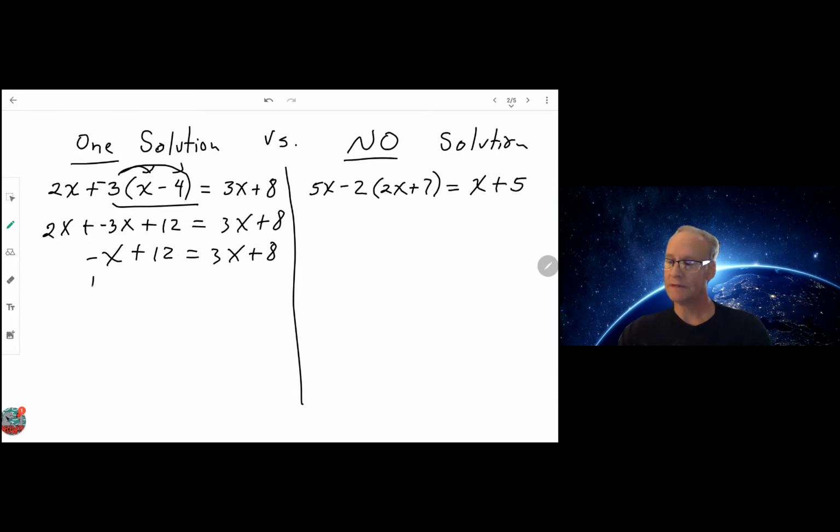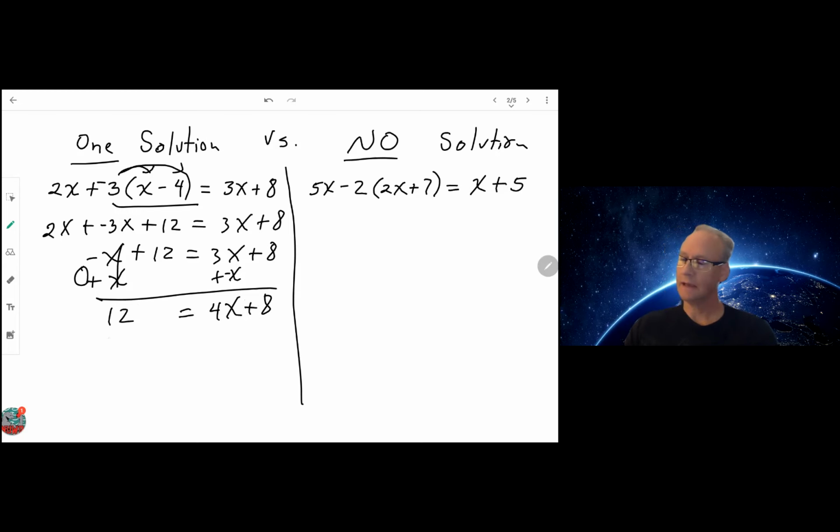I prefer to have positive coefficients. So I'm going to add x to both sides, and I end up with 12. This is just 12. This is 0, by the way. And this just gives me 12 equals 4x plus 8, which is the same thing as 4x plus 8 equals 12.